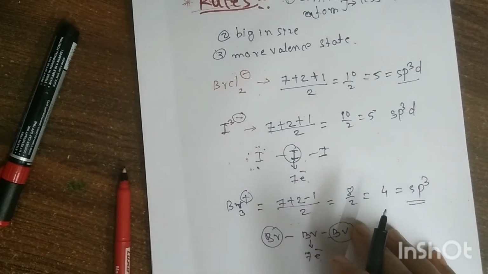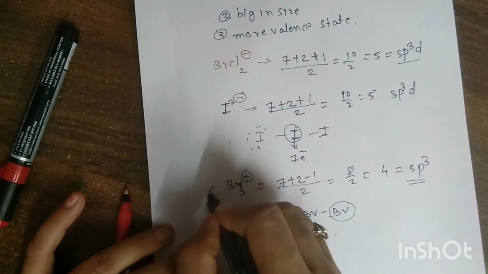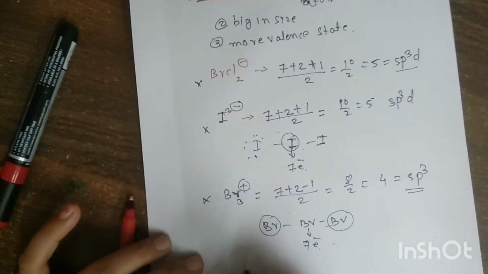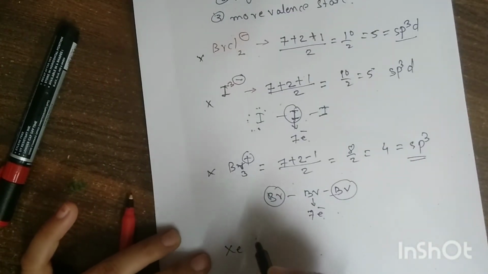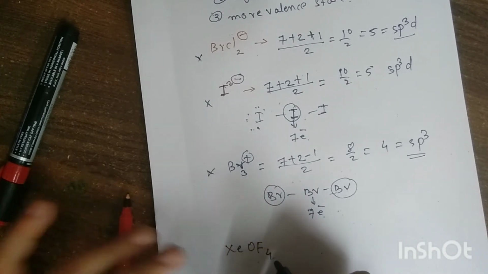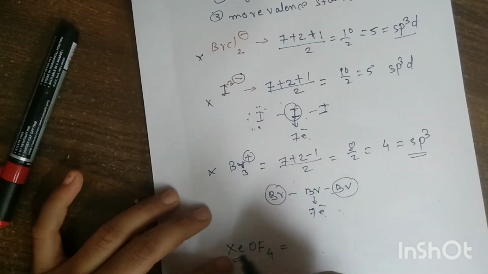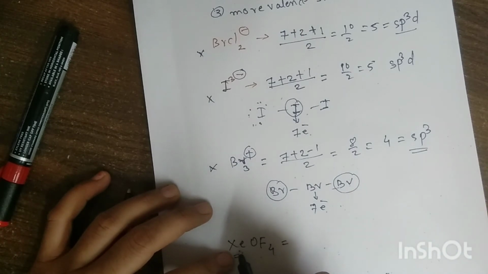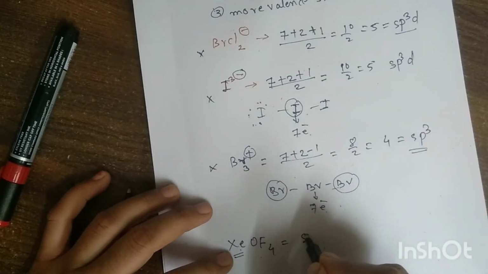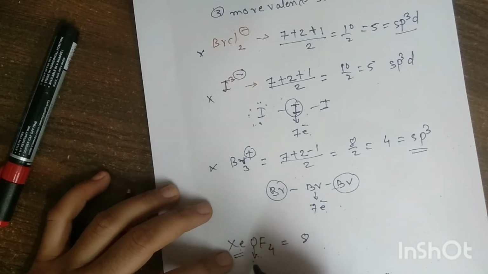Now the most important examples which are always asked are xenon complexes, that is XeOF4. Xenon is the central atom, so it has 8 electrons in its valence shell, and we are not counting the oxygen. Why?